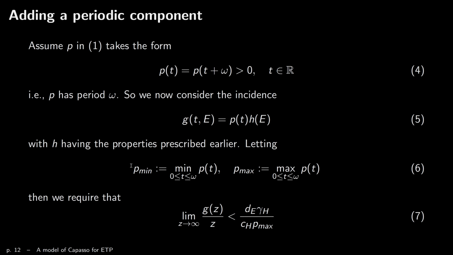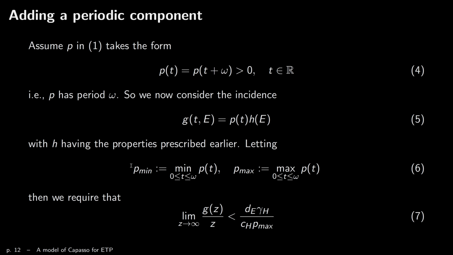Now, one other thing that Capasso did in the same paper was to look at the effect of a periodic component, because that's quite important here. Here he says he takes P. Remember, P is the fraction of people that take a meal. The people that are potentially exposed and that take a meal or drink a glass of water, whatever.